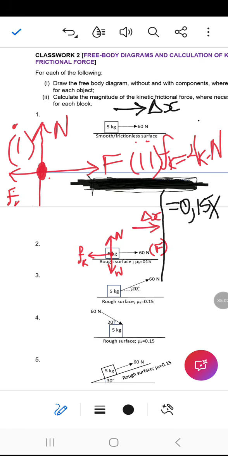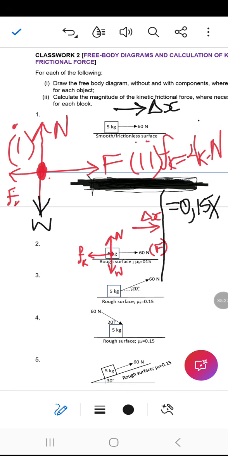Remember the normal force from the free body diagram. When you are calculating normal force, you only consider forces which are acting on the vertical. Which forces are acting on the vertical on my free body diagram? I'm only having normal force and weight.